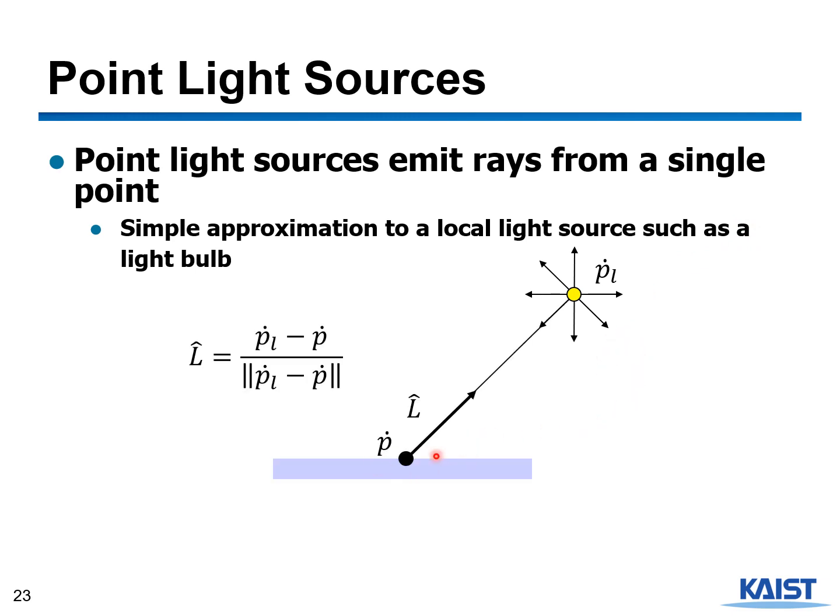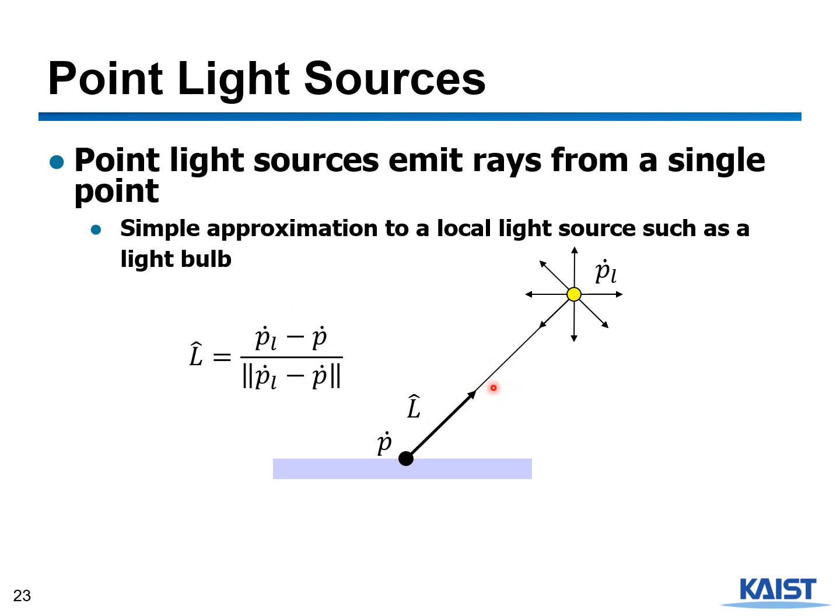But the question is, suppose this is represented by a triangle and we are rasterizing it, then in that case we need to compute the color. We need to consider how much energy we can receive from the light source to there, right? To do that, we need to consider the light directions. The light direction is basically like this.